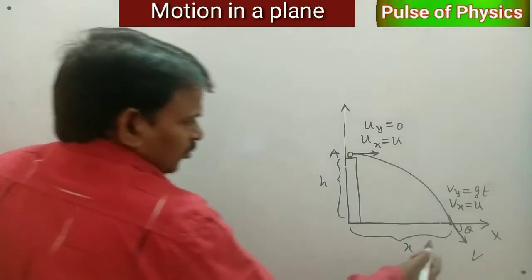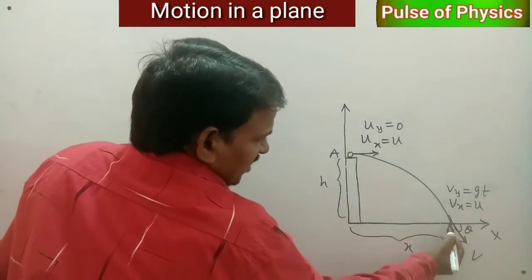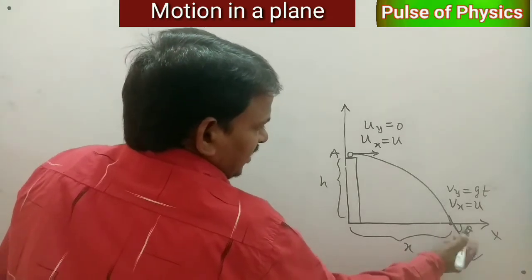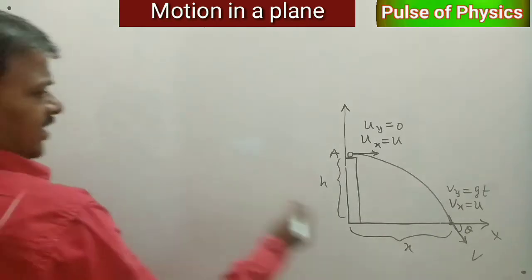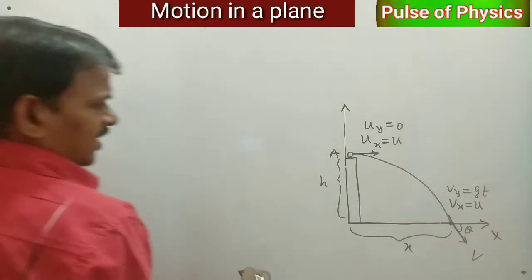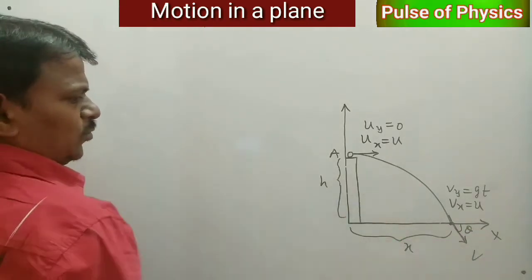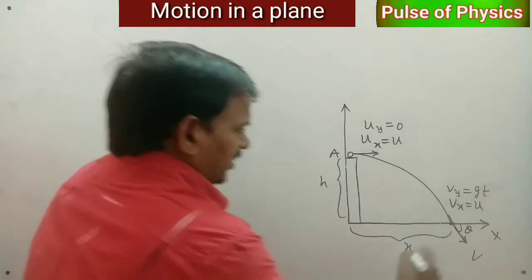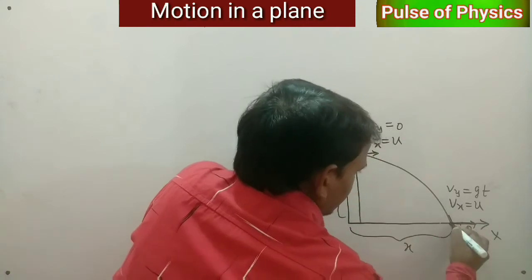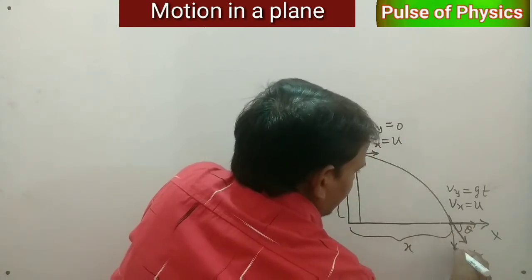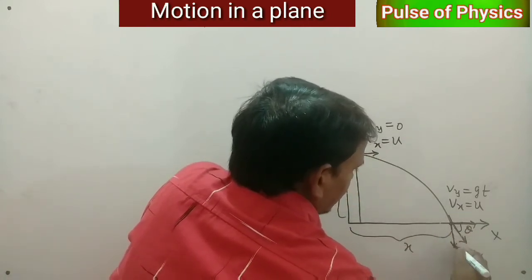See how to find this angle made by velocity with horizontal when it strikes the ground. Here it is making theta angle. We can resolve that v into two components. Here along horizontal it is v cos theta, along vertical it is v sin theta. Right?